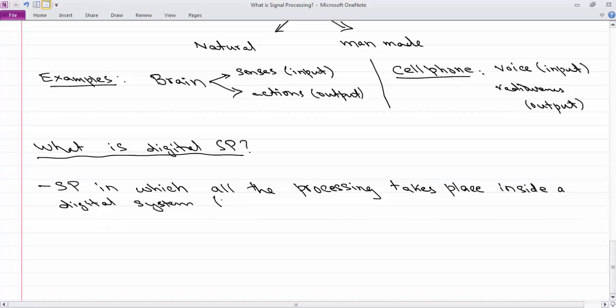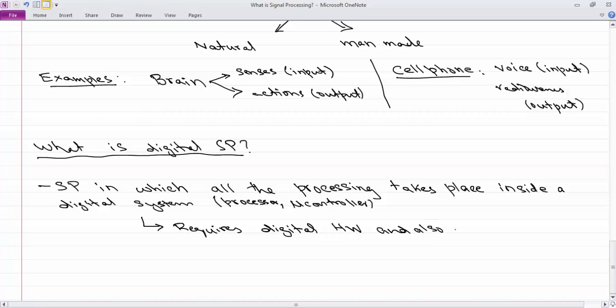And that digital system could be a processor, it could be a microcontroller, or any other similar device. That is what we'll call digital signal processing. So digital signal processing effectively requires digital hardware and also software which will implement the processing, the algorithms, and so forth.